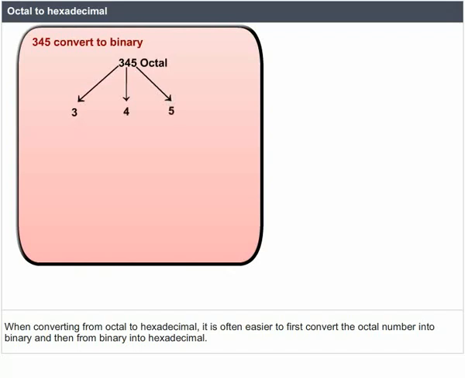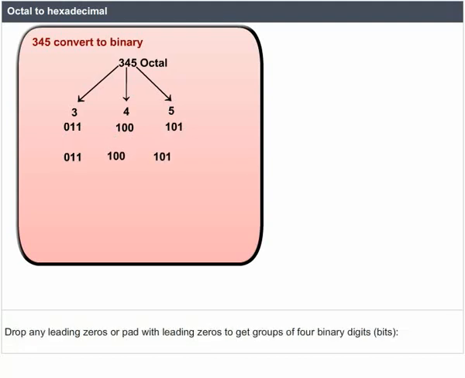Binary is equal to 011 100 101, which equals 011100101 binary. Drop any leading zeros or pad with leading zeros to get groups of 4 binary digits, bits. Binary 011100101 equals 1110 0101.